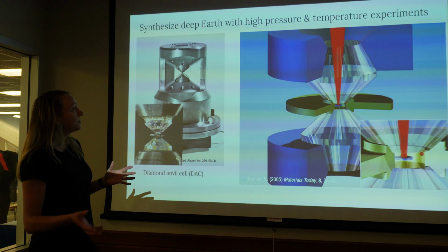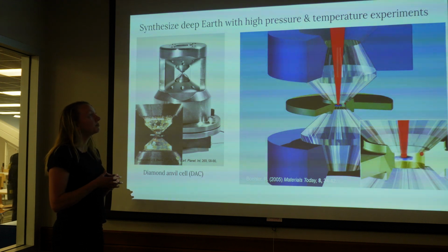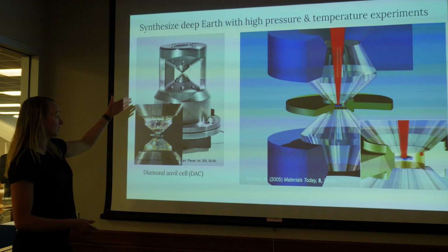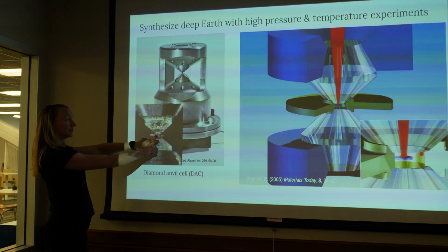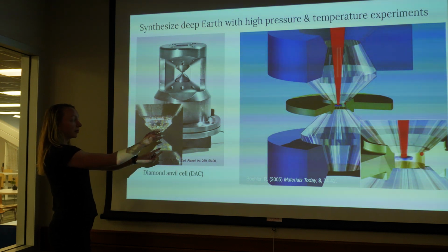And the way that I synthesize these deep earth conditions is with something called a diamond anvil cell. A diamond anvil cell looks something like this, where between two diamonds we place a tiny amount of mineral, either a single crystal or a powder.